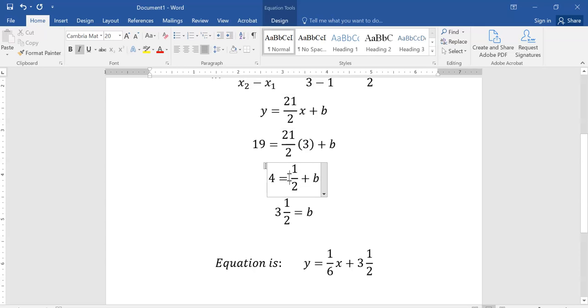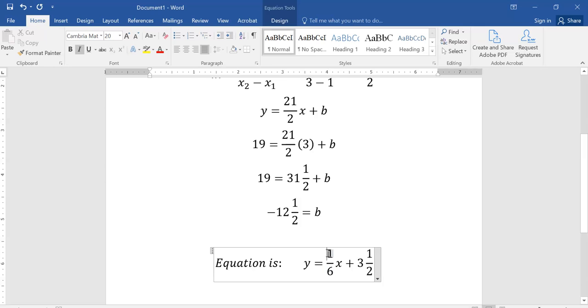So we get 19 is equal to 31 and a half. Subtract 31 and a half from both sides, so we end up with negative 12 and a half being our value for b.